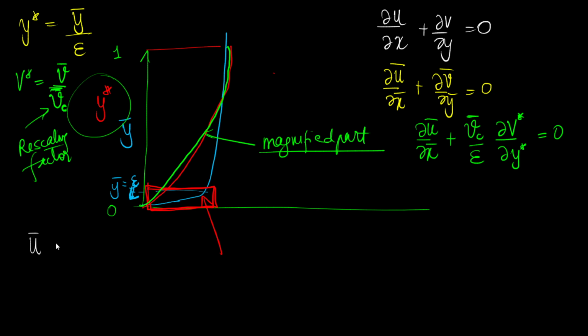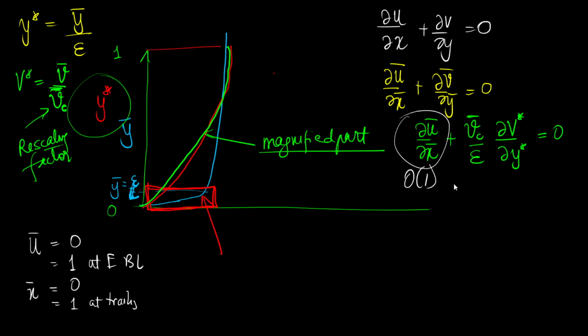U bar is also an order 1 variable because u bar changes from 0 at the wall to 1 at the edge of the boundary layer. Now x also is an order 1 variable because it varies from 0 at the leading edge to 1 at the trailing edge. Okay. So u bar, x bar are all order 1. So this entire term becomes an order 1 expression.